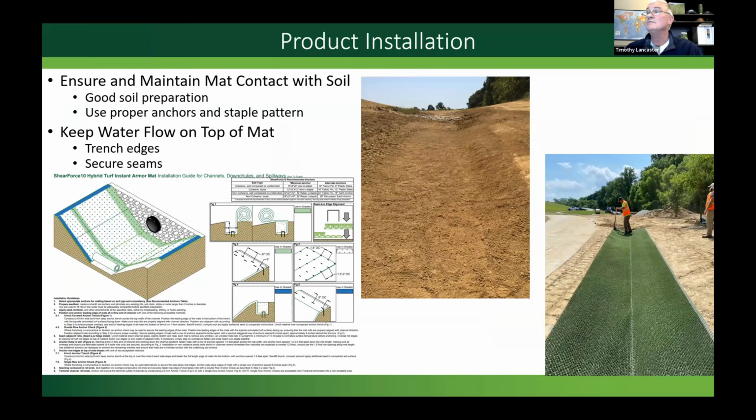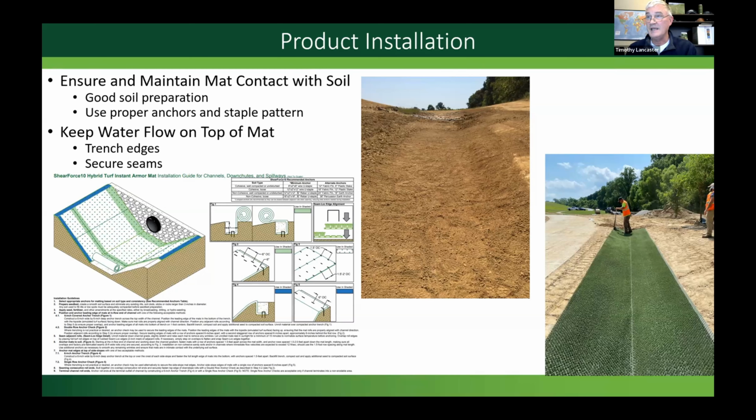Just a couple more things. Product installation. I know Justin mentioned installation is key to these products working properly, and I'd just like to make a couple points on installation. One of the points is to make sure you get the product flush with the soil. It needs to be in contact with the soil in order to work the way you want it to work. If the product's not touching the soil, something is holding it off the soil itself, then it's not going to do what you want it to do.